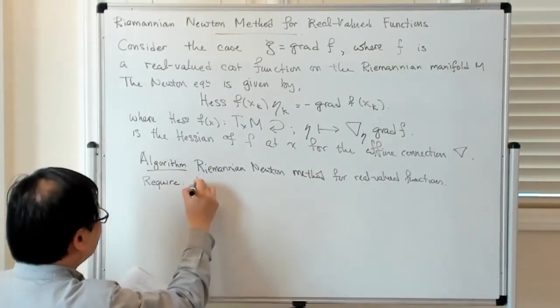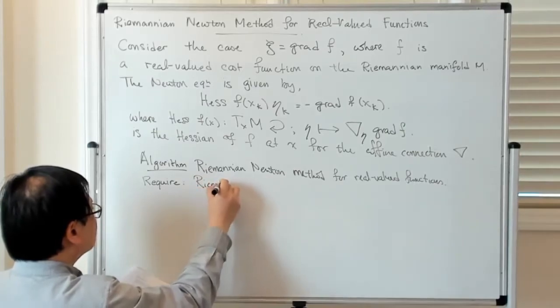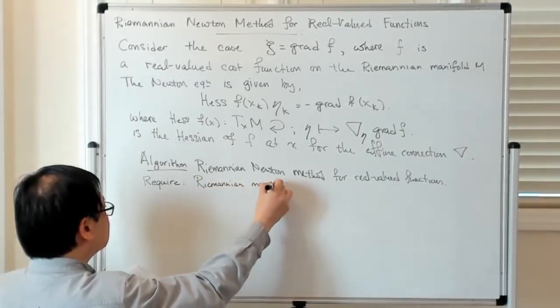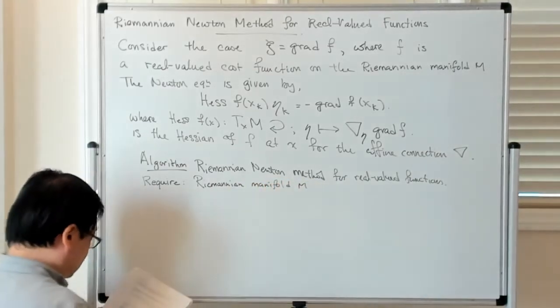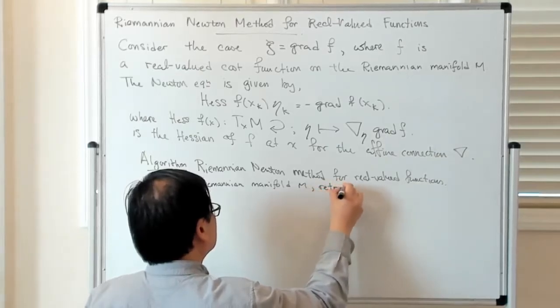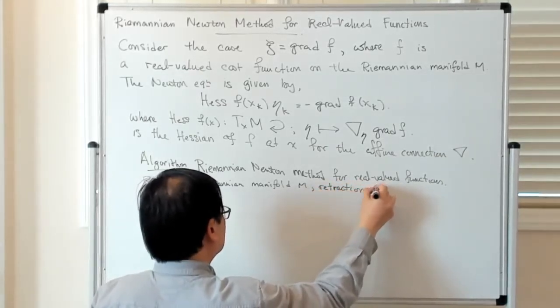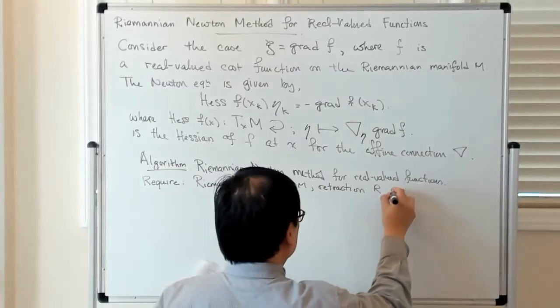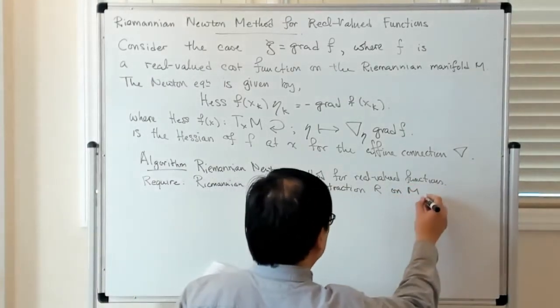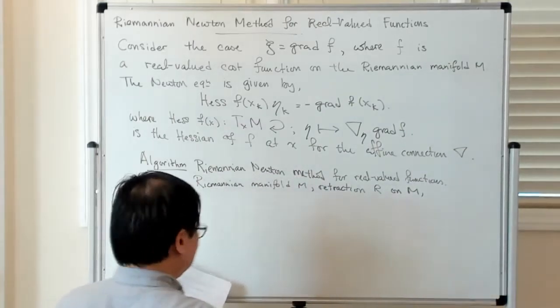You have a Riemannian manifold M, okay, you have a retraction R on M. You could supply it with the exponential, if that turns out to be easy to compute.